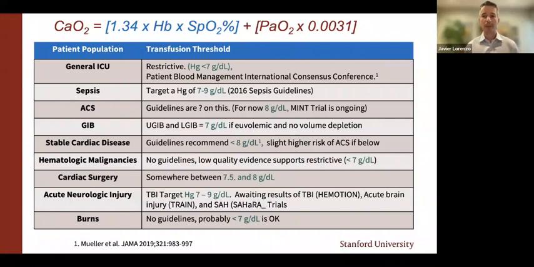But for the most part, we don't have good evidence for a hemoglobin in the 7 to 9 range. For the most part, restrictive hemoglobin practice in critically ill patients is better, unless you have evidence of malperfusion or ongoing bleeding, in which case you might want to transfuse more proactively.